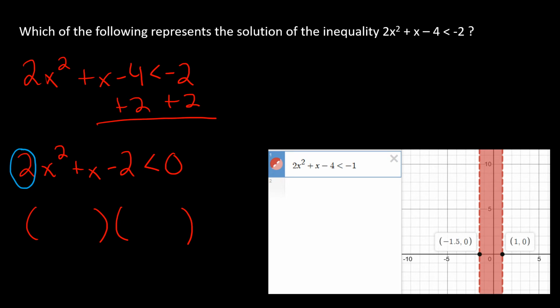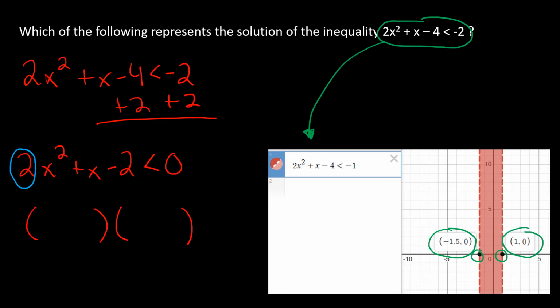We cannot do that yet because of this 2. So what we are able to do is we can take this inequality, apply it to Desmos, and you will get these answers where we are only concerned with the x values. Again, this is where we're crossing when y is equal to 0.